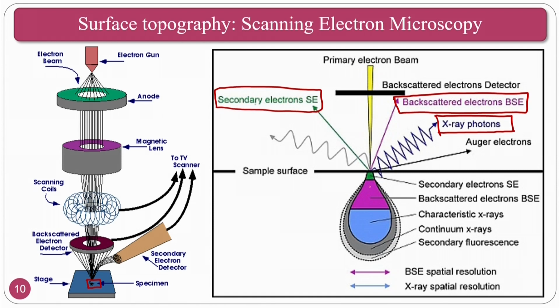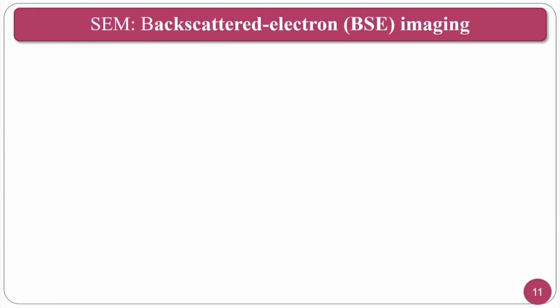So the secondary electrons are captured from here and the detector will detect them. Backscattered electrons will come up to this one. These backscattered electrons are slightly bigger, and if you bombard, they will go to the backscattered electron detector, and the X-rays are there to detect the elemental analysis. Backscattered imaging and secondary electron imaging are the two types of imaging.